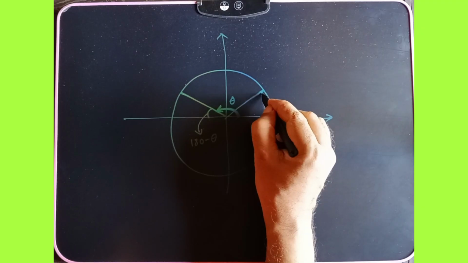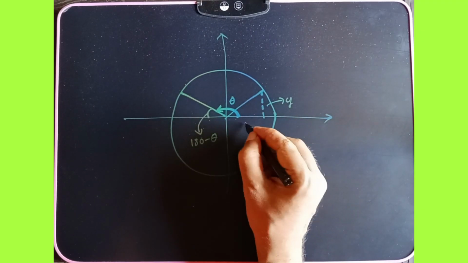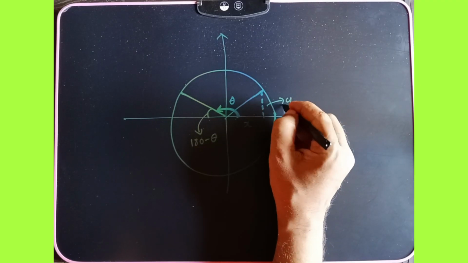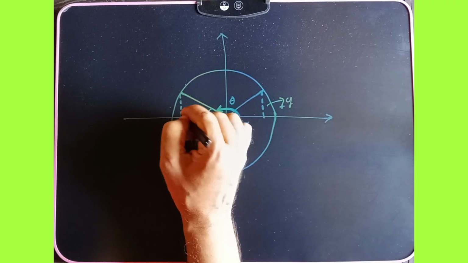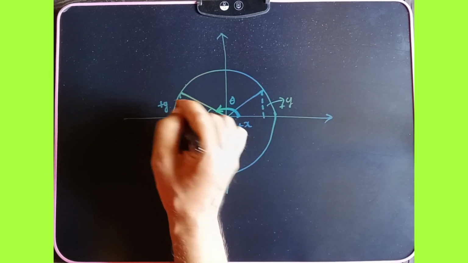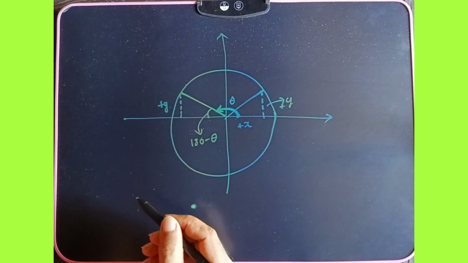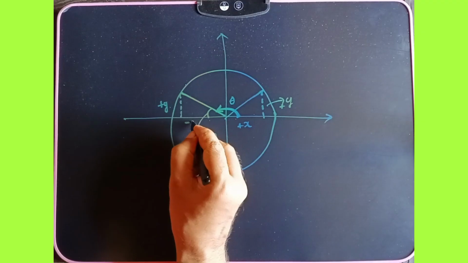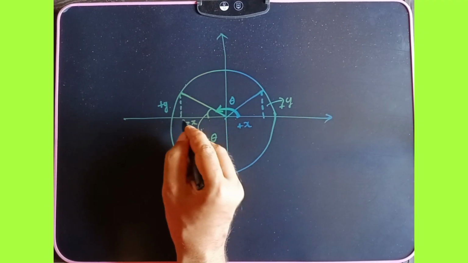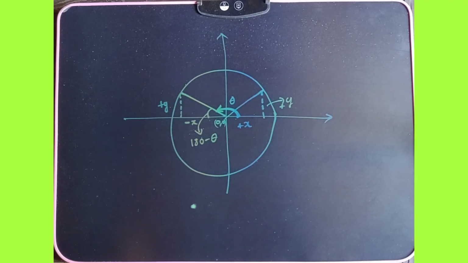This is y and this is x. This is positive y, this is positive x. Now here y is positive because it's on the upper side, and here x is going to be negative, right? Because it is on the left hand side from 0 comma 0.